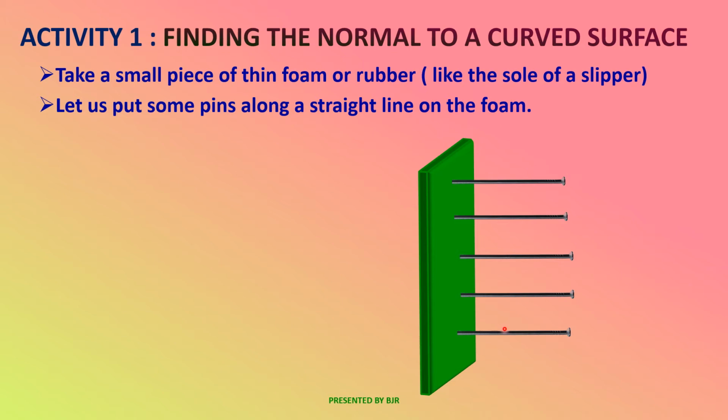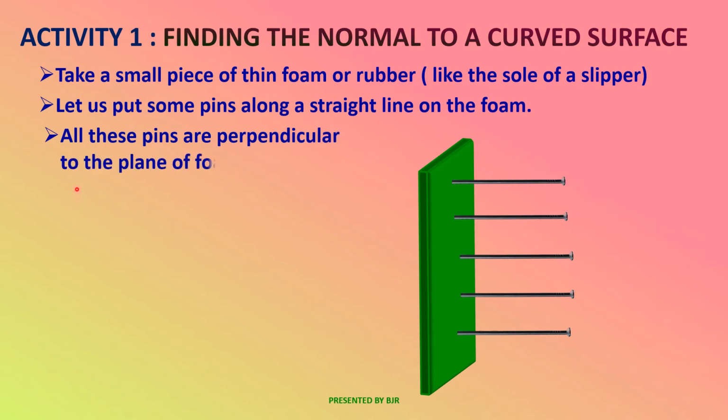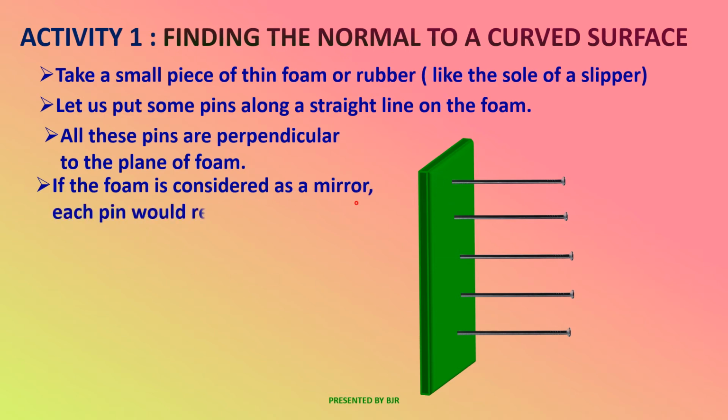See here, all these pins are perpendicular to the plane of foam. So if the foam is considered as a plane mirror, each pin would represent the normal at that point.